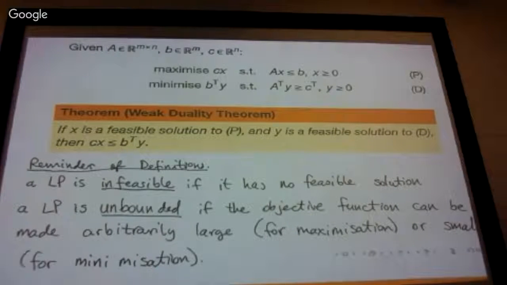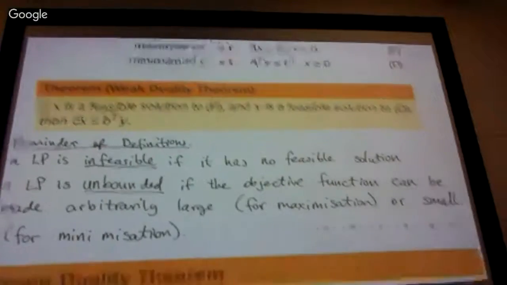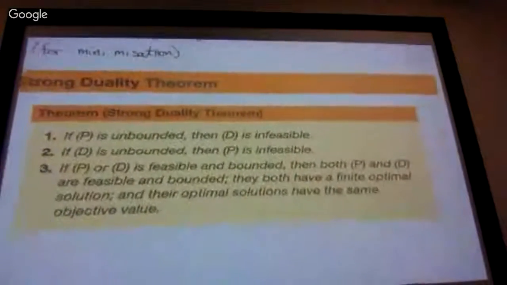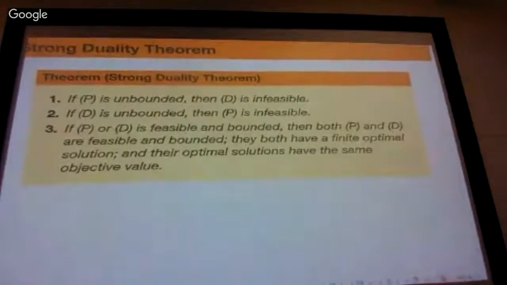And actually that is already the first two parts of this theorem. It's just a contrapositive, as it's called, but really it is the same thing.